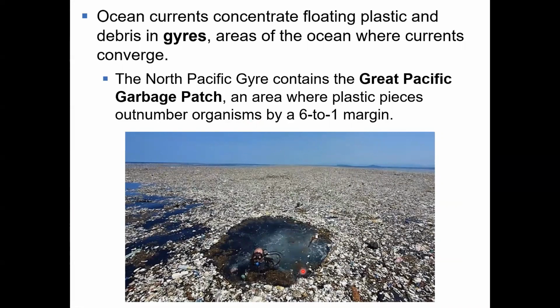If we were to go under, there would be billions and billions of shards of floating plastic as well. So this is a serious, serious issue. Obviously, any organisms living in this area are dealing with tons of tiny little plastic pieces that can be extremely detrimental to their health.